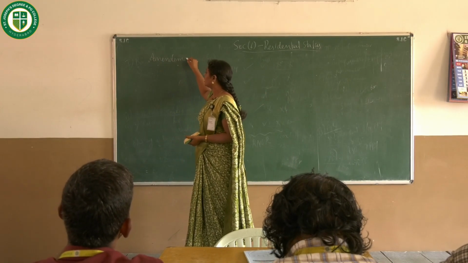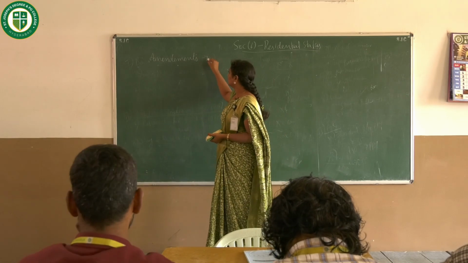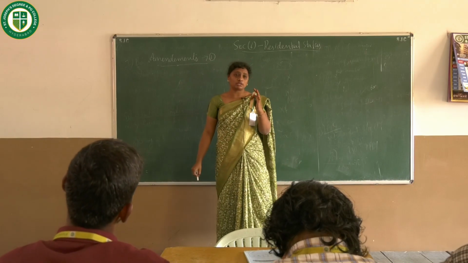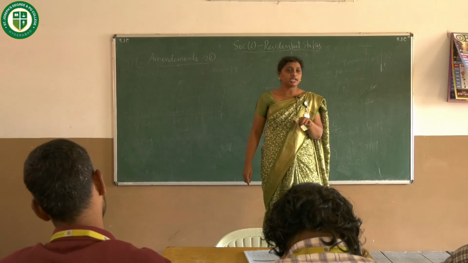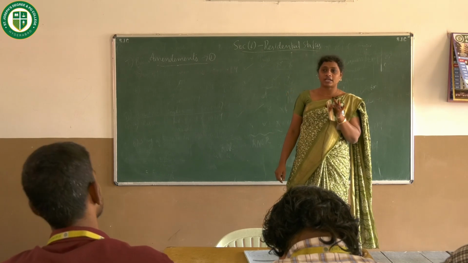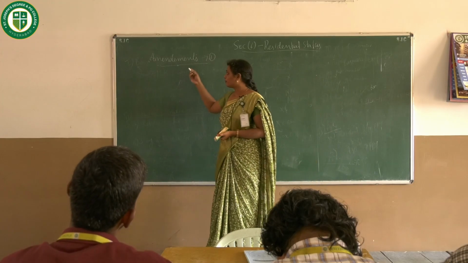These amendments were given in the financial year 2020. Okay. First one: any Indian origin or a citizen of India visiting India and staying for 3 to 4 months, how to determine his residential status. That is the question.